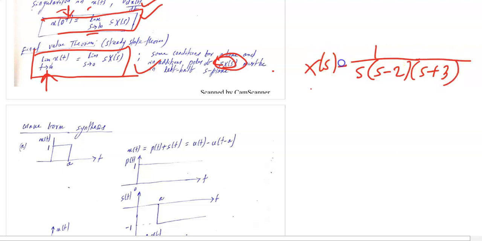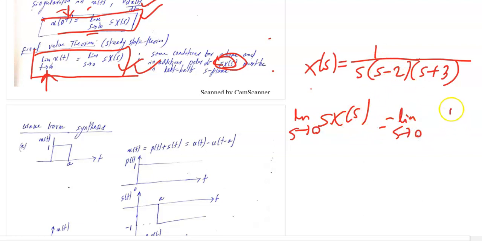If I ask you what the final value of this is, if you don't remember anything, only remember this formula: limit s tends to 0 of s X(s). So s is cancelled, so 1 upon (s minus 2)(s plus 3).